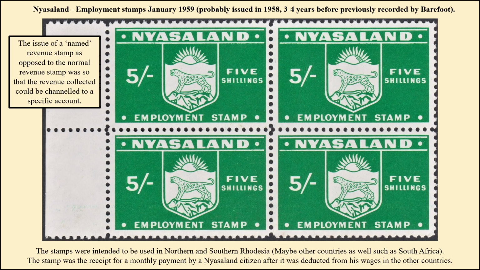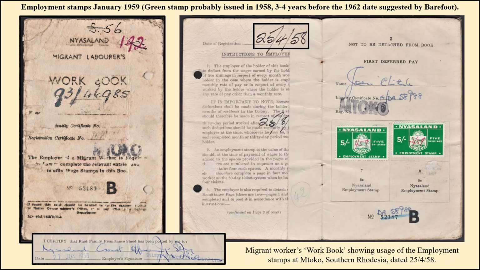I believe it may have been used on the South African mines as well, but I need to see the evidence. This is an example of the stamps being used in Mtoko in Southern Rhodesia.